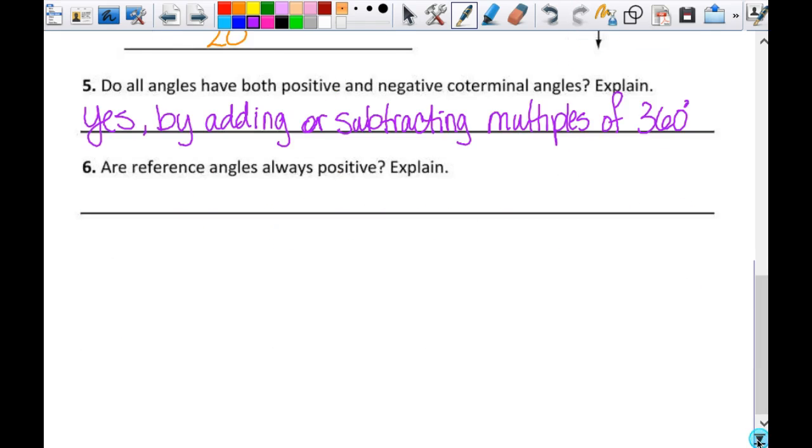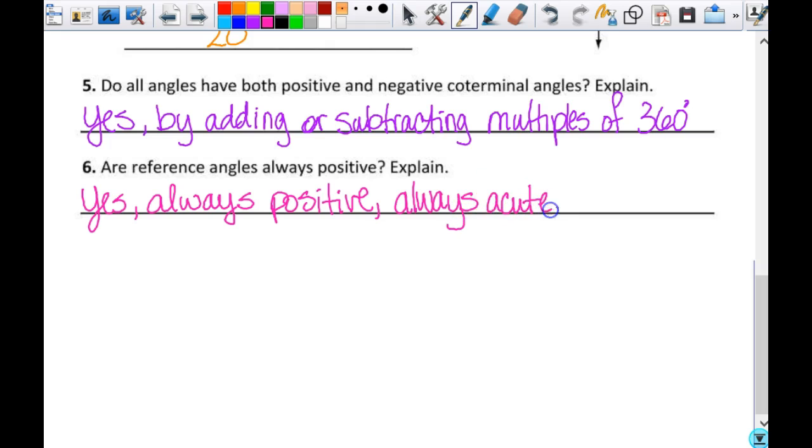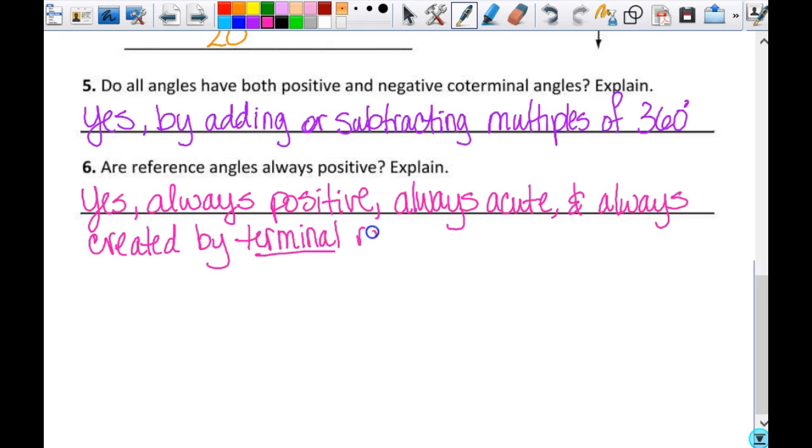And then, are reference angles always positive? Yes. So we're going to write a little bit more here. Always positive, always acute, and always created by the terminal ray and x-axis.